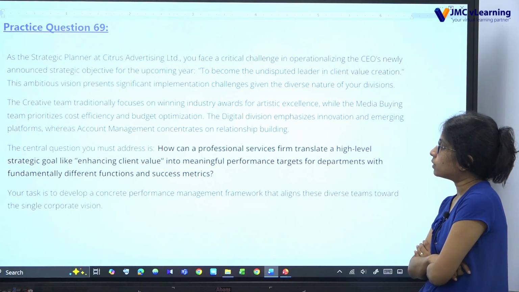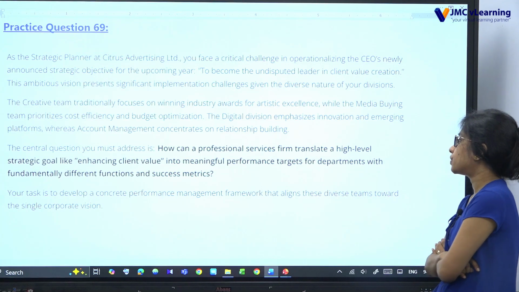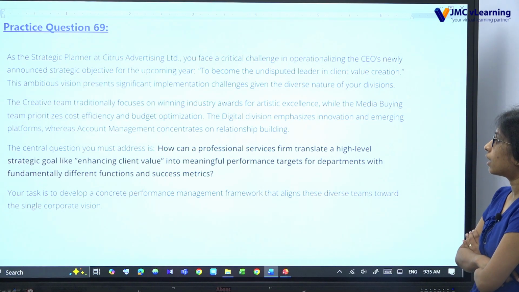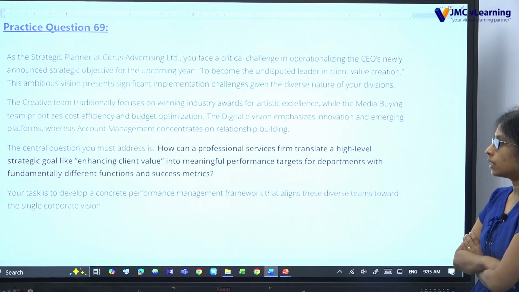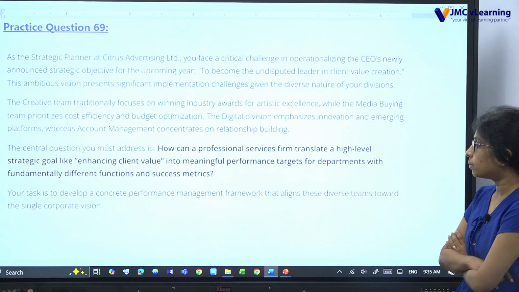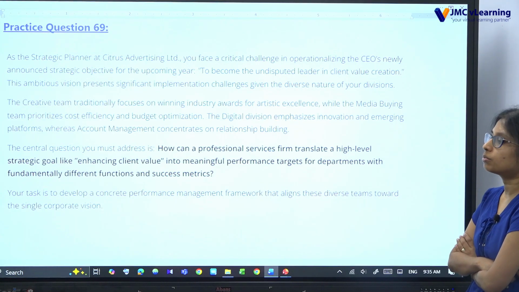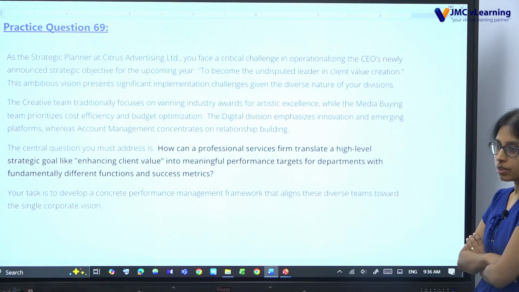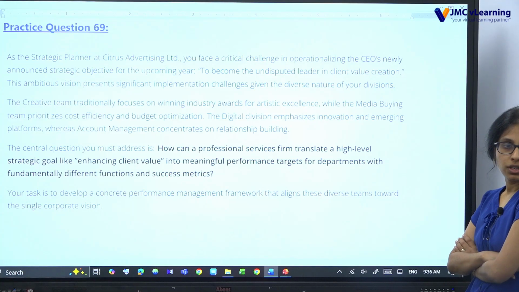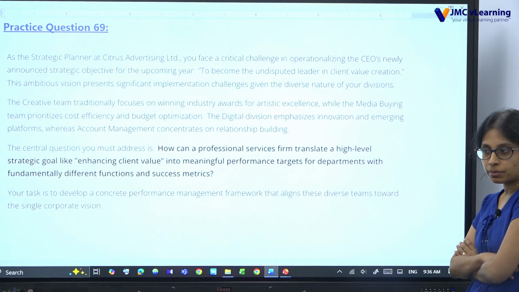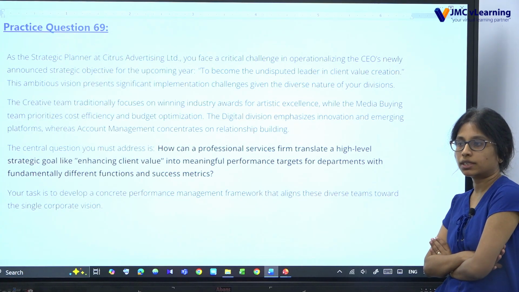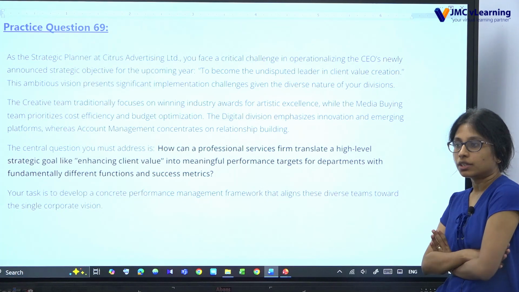The central question you must address is, how can a professional service firm translate high-level strategic goals like enhancing client value into meaningful performance targets for departments with fundamentally different functions and success metrics? Some are fundamentally different, no? Marketing department and accounts department are fundamentally different. Marketing guys will be creative.